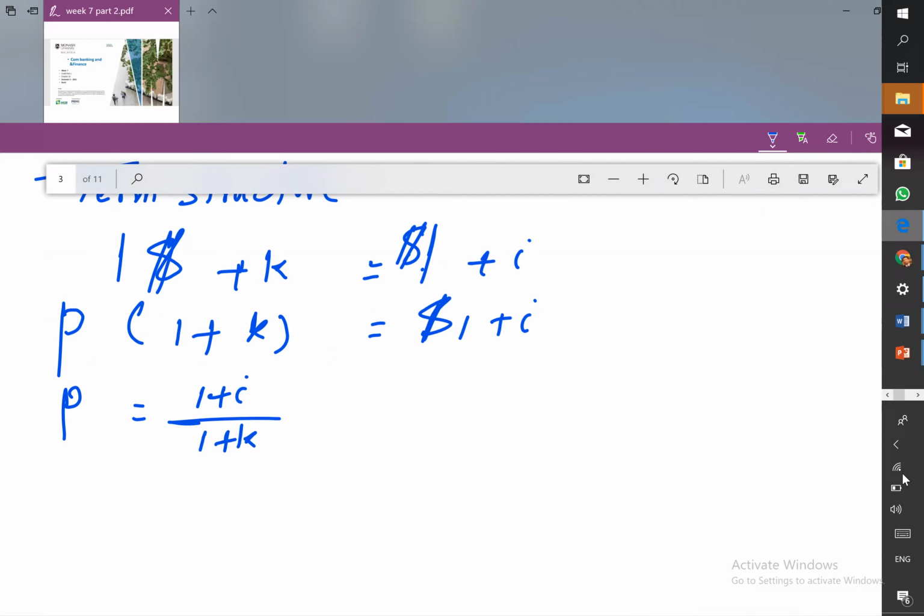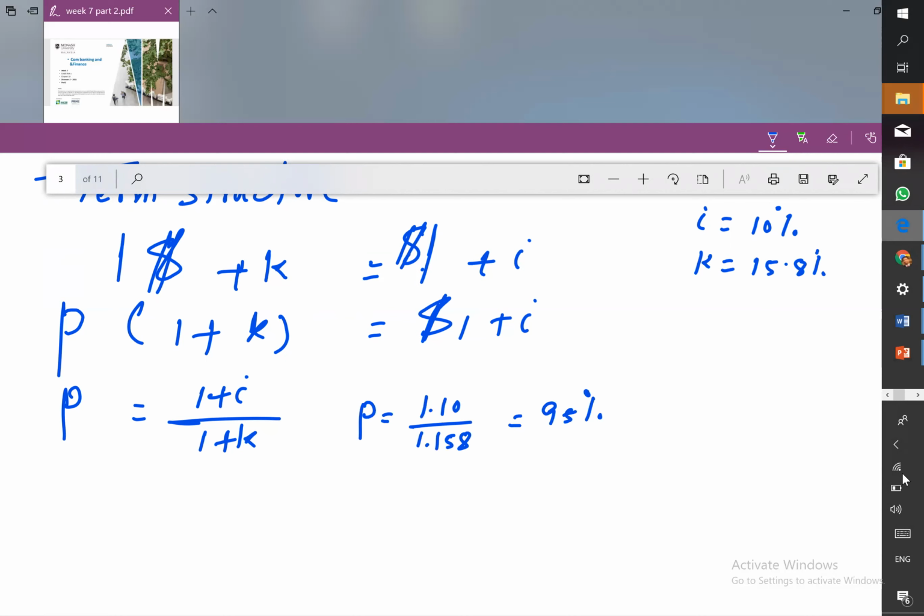So if the I now is, say, 10%, and the K is 15.8%, I can say now B is 1.10 over 1.158, and this can be 95%.